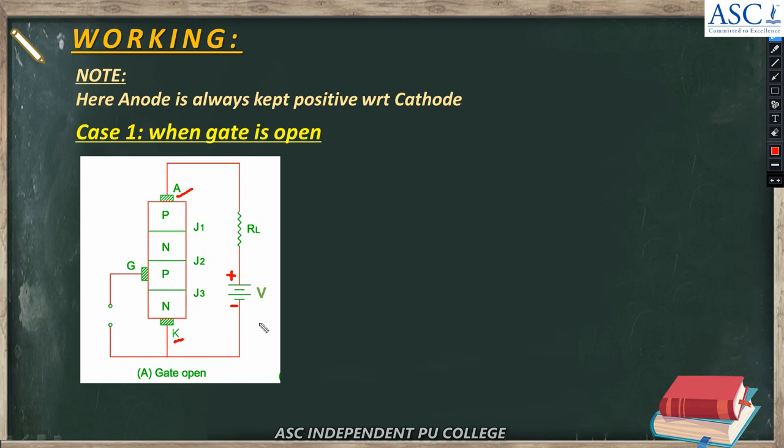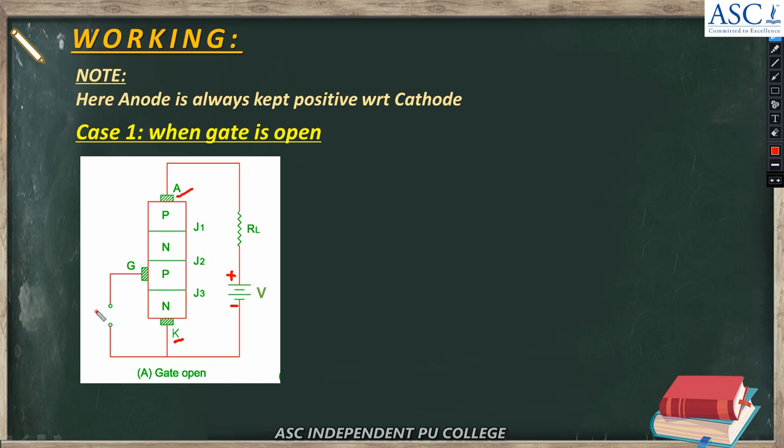So here two cases arise. One is when the gate is kept open. Case 2 is when gate voltage is applied. First, let us consider case 1, when the gate is kept open.